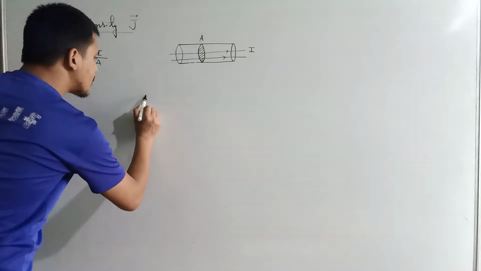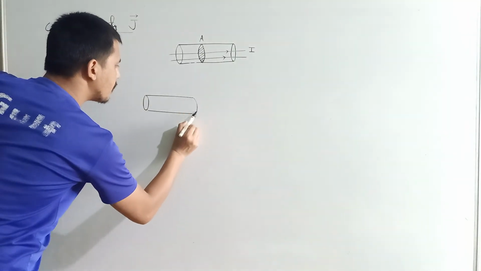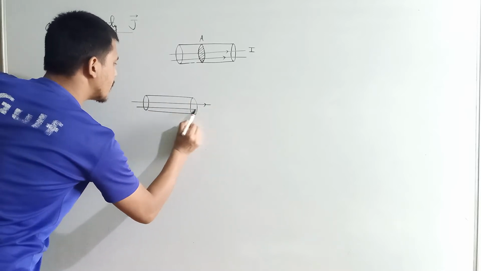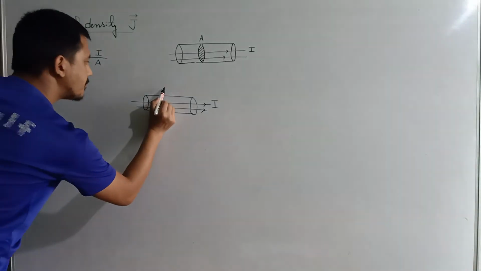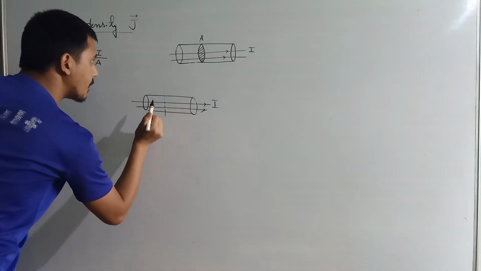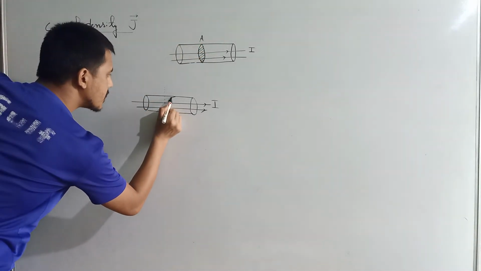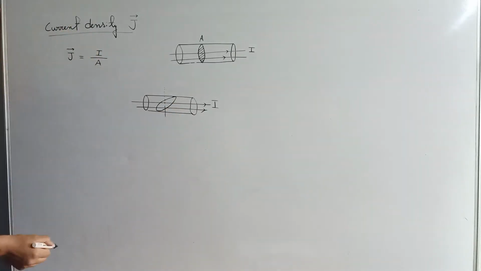Now, in some questions, suppose the current I is flowing in this direction, and the area A is given in this form.